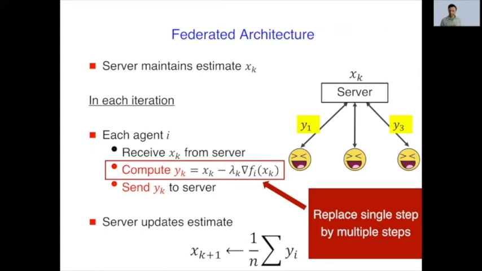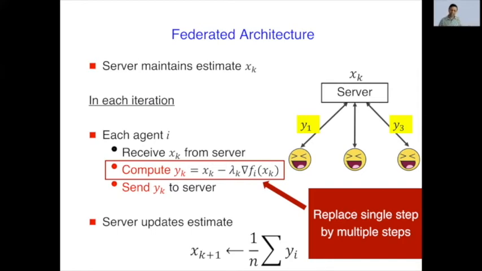The agent decides how to randomly choose the stochastic gradient in a particular step. The randomness itself gives the agent some extent of privacy, but what we are going to do is to actually add one more layer of privacy on top of that. So anyhow, this is the so-called federated architecture.